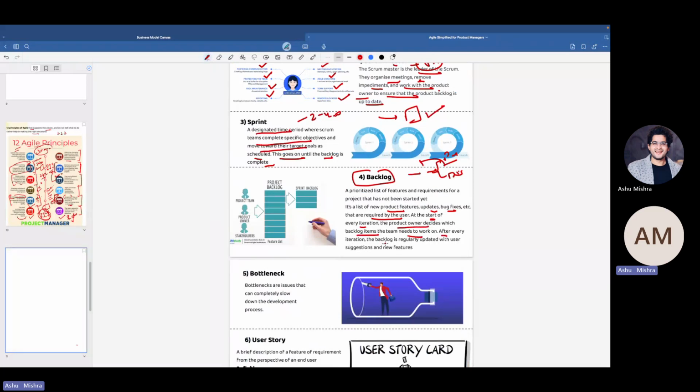After every iteration, the backlog is regularly updated with user suggestions and new features. So essentially, what is happening, guys? This whole laundry list is discussed with the stakeholders, product owner or product manager, and the engineering manager, which is called the project team, and based upon the prioritization, what the company requires, what the vision is, and then there are some frameworks like RICE, Kano, etc.